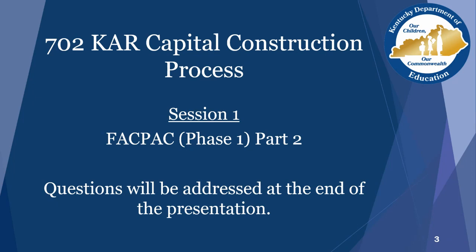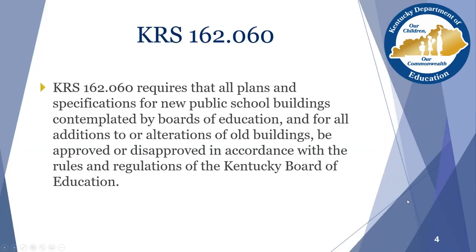We also provided some recommended do's and don'ts related to the process. Next slide, please. KDE's review of capital construction process for projects is directly related to KRS 162.060, as we discussed in the last session. Next slide, please.